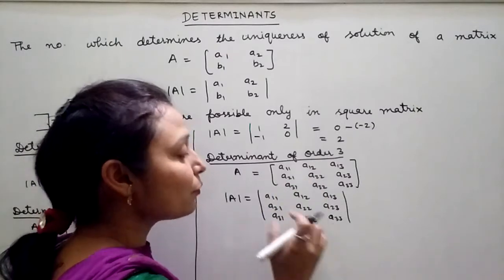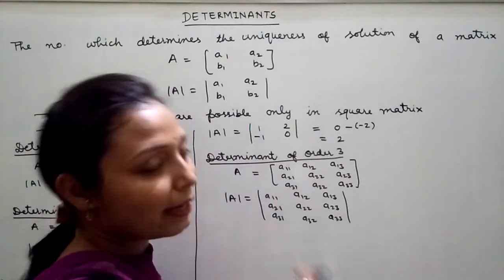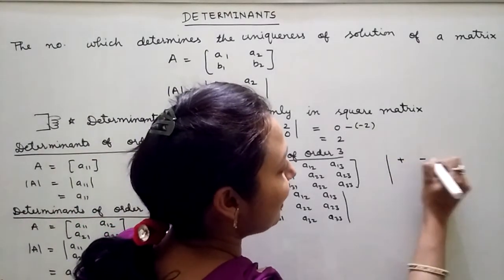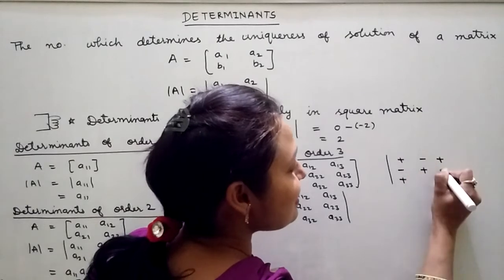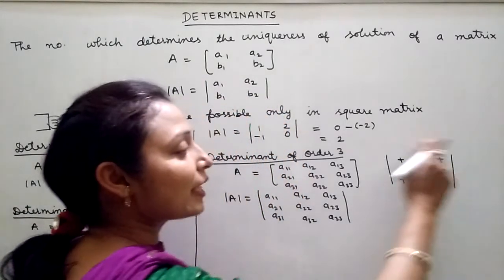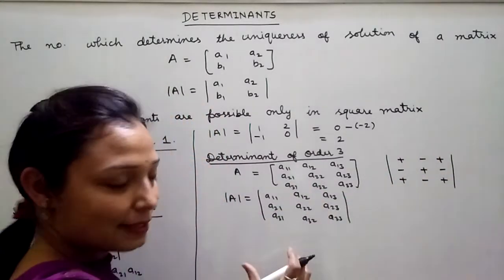You have to solve it by using any row or any column by using these signs: plus, minus, plus, minus, plus, minus, plus, and minus, plus. This is the way to open or expand these determinants.